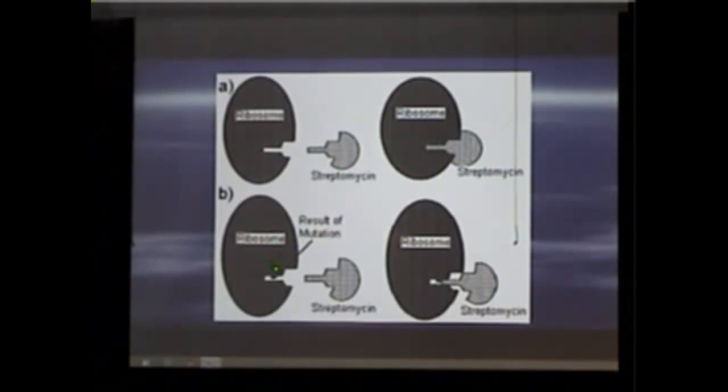Okay? A mutation here changes the receptor site so it no longer accepts the streptomycin, so this bacteria is resistant against streptomycin. It's a resistant strain. They call it a superbacteria. The problem is, though, it is damaged, and in a normal environment, this guy cannot compete with normal bacteria.